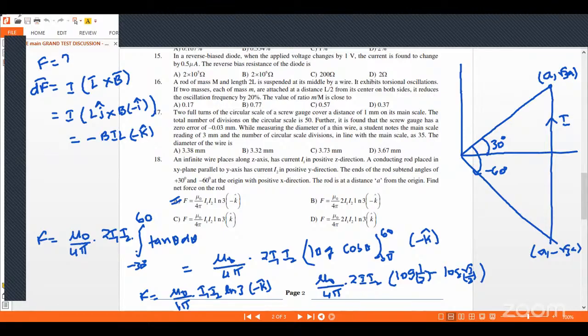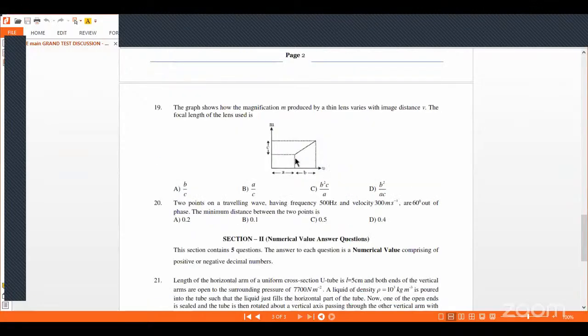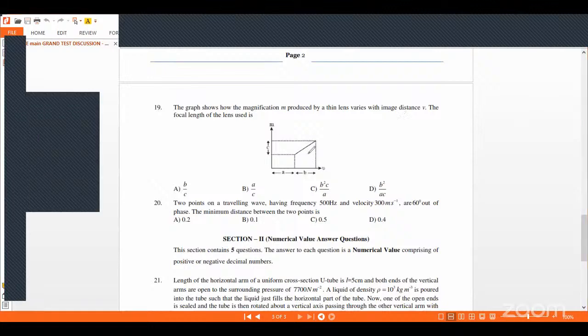Okay. Next one. The graph shows how the magnification produced by a thin lens varies with distance.